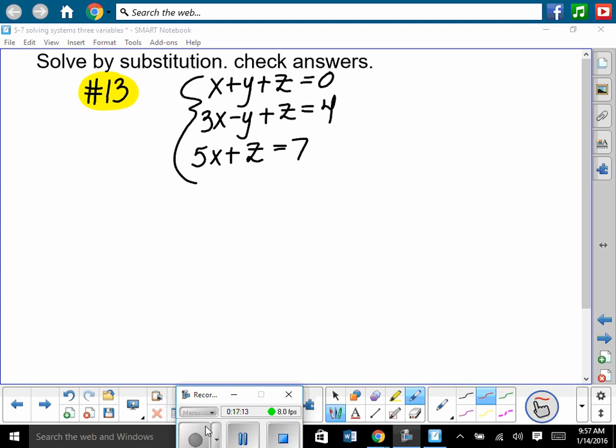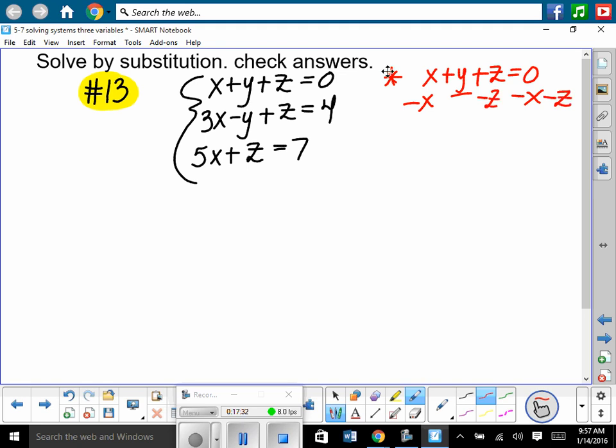You say do the y first? Let's do y first. I like that. So let's solve for y. I'm going to use the top equation, x plus y plus z is equal to 0, and I'm going to solve for y. So I've got to get y alone. I'm going to subtract x from both sides, and I'm going to subtract z from both sides. Is anybody too confused if I do it at the same time?